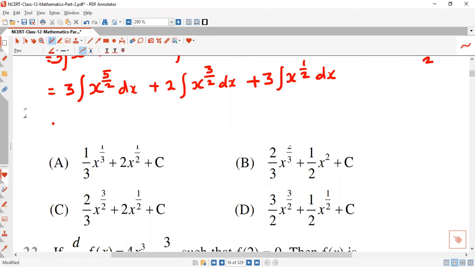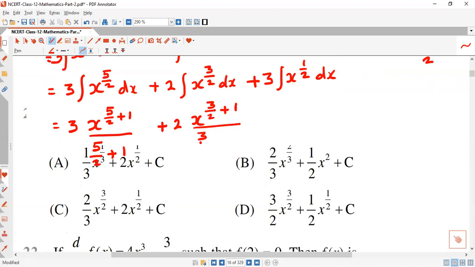You see this one, equal to 3, it becomes x power 5 by 2 plus 1 divided by the same thing, 5 by 2 plus 1, plus 2 times x raised to 3 by 2 plus 1 divided by 3 by 2 plus 1, plus 3 times x raised to 1 by 2 plus 1 divided by 1 by 2 plus 1, plus some constant c.